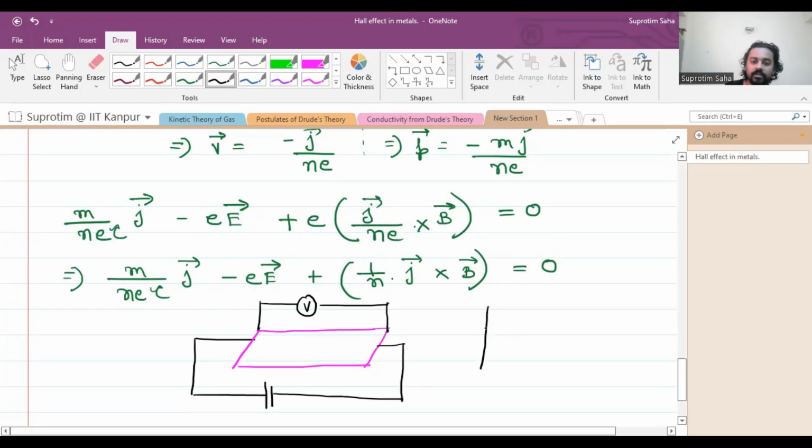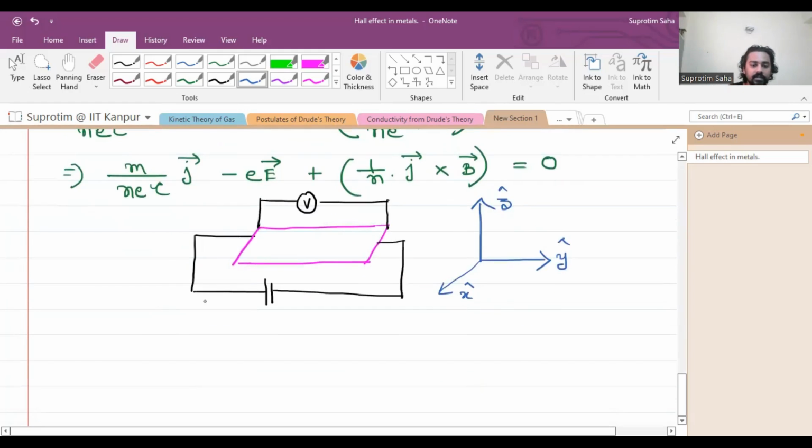And this was our coordinate system. This is Z cap, this is Y cap, and this is X cap. Current is in this direction. Magnetic field is in this direction.